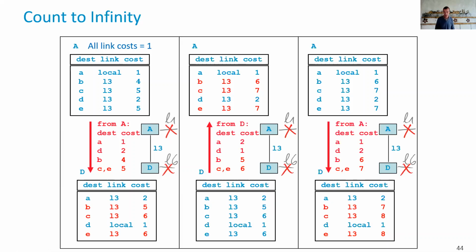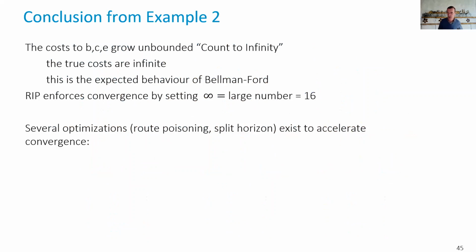When the network is partitioned, we know that the true distance is infinity, and distributed Bellman-Ford, if we do the correct version of distributed Bellman-Ford, will do the right thing, which in that case means it will diverge to plus infinity, which is the correct distance. So here we have what is called count to infinity, which is a bit embarrassing. Here we need a way to stop that in a real network. Here we see that the costs grow unbounded, which is the expected behavior.